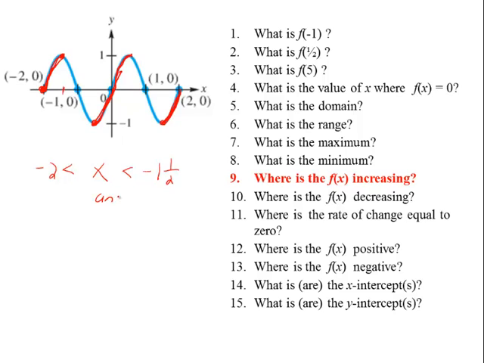Okay, the second area is from -1/2 to +1/2. And the last section is from 1.5 to 2. There are three pieces of this function where it is increasing.